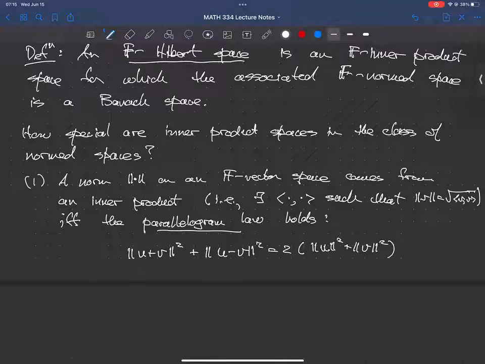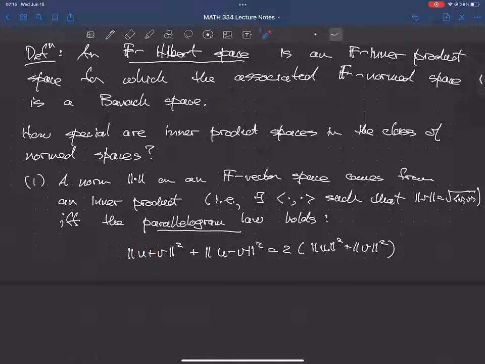Okay. So it's easy to check that if a norm comes from an inner product like so, then this holds. That's a relatively easy check. It's surprisingly complicated to show the converse. So in other words, if this is true, then the norm comes from an inner product. Okay. And so you might want to draw what this means in the plane, for example, for a parallelogram with sides given by u and v.